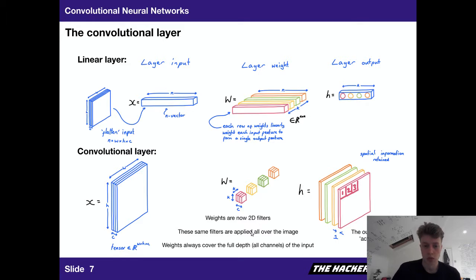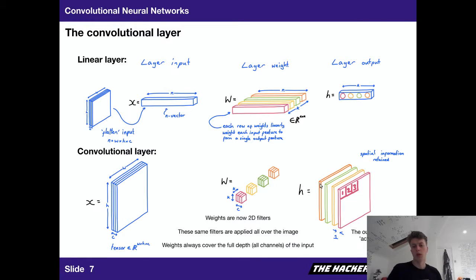And weights will always cover the full depth, that is all channels of the input activation map. So they're going to form some combination of different features in different spatial locations and also in different activation maps. Each different activation map might represent the presence of some other particular feature which those filters were looking for.